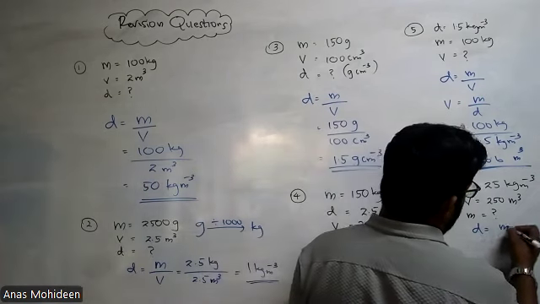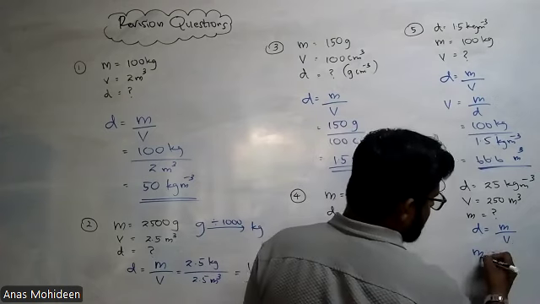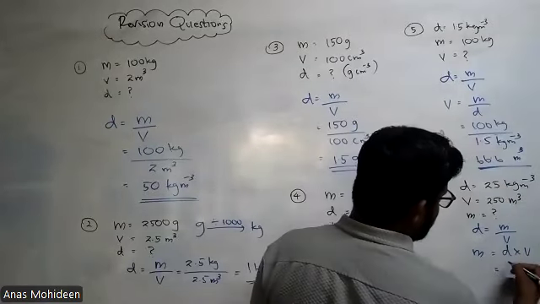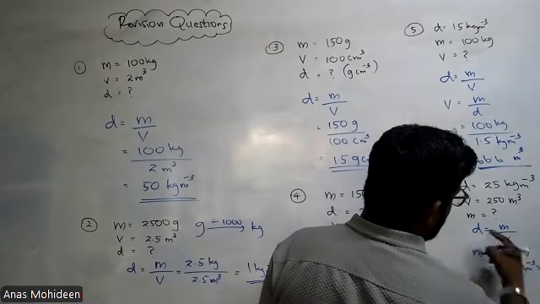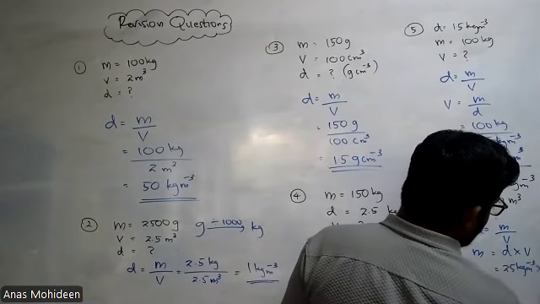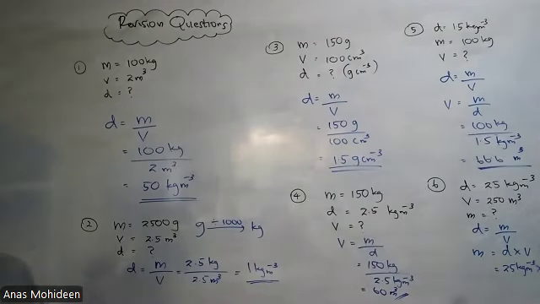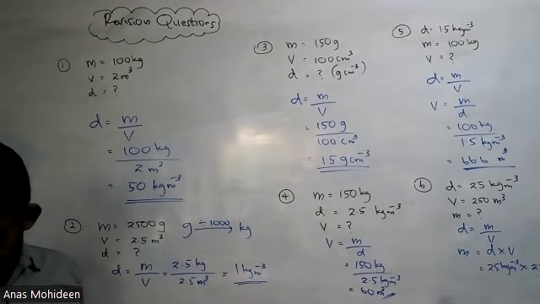So D equals M over V, and M is equal to D into V. How much is D given? 25. You have to write it with the unit. Volume is 250 cubic meters.